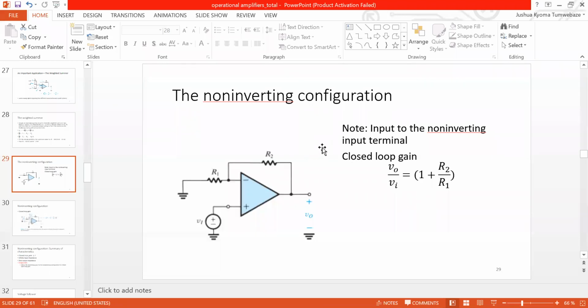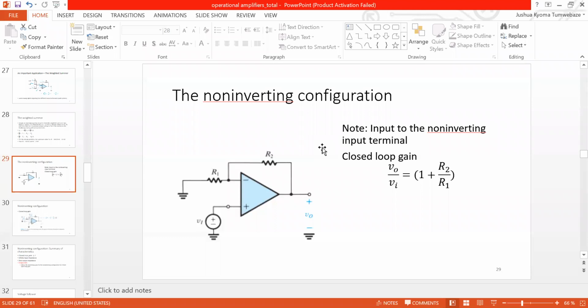So I think we can continue to the non-inverting configuration. And I also encourage you to draw these circuits, because the characteristics of the circuit will remain the same, even though I change a few things. So it is good practice for you to learn the different circuits and know what the input and output terminal characteristics are.